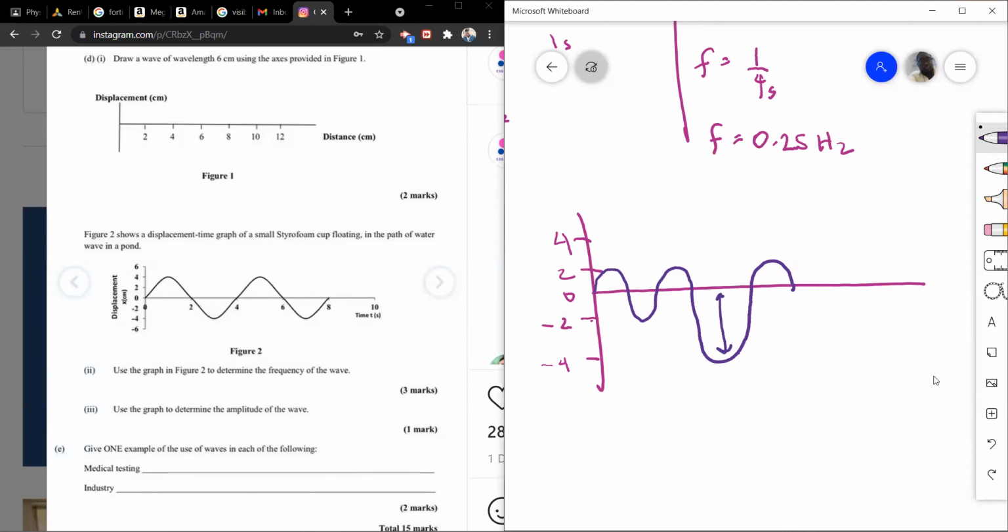If you take a ruler and measure this, you'll get 4 the same way. Remember, the definition of amplitude is the maximum displacement from its equilibrium position. So whether negative or positive, it's still 4.